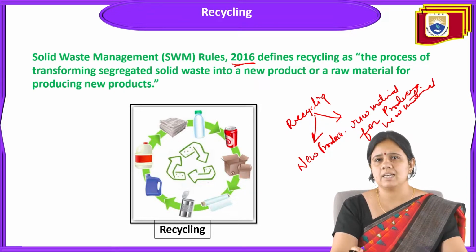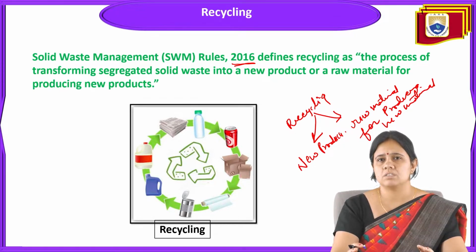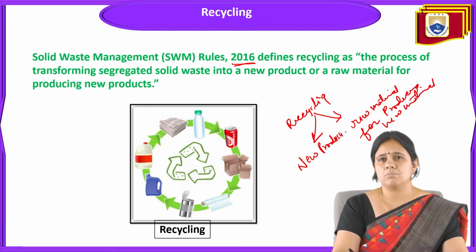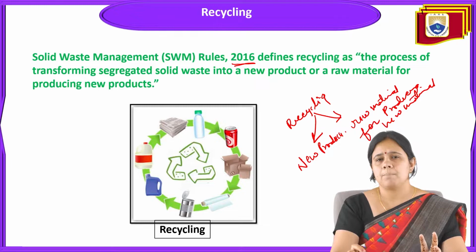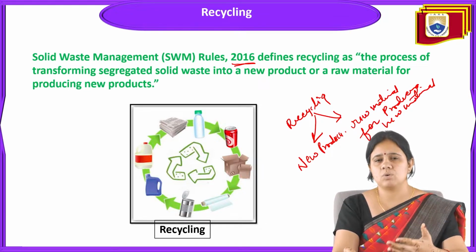This recycling has been adopted to recycle the dry waste that is already present in our waste. So for recycling of cardboard, aluminum cans, glass cans, paper waste, plastic jars or steel jars, whichever dry waste is present in our communal waste, the conversion of that waste into either a new product or a raw material to produce a new product is called recycling.